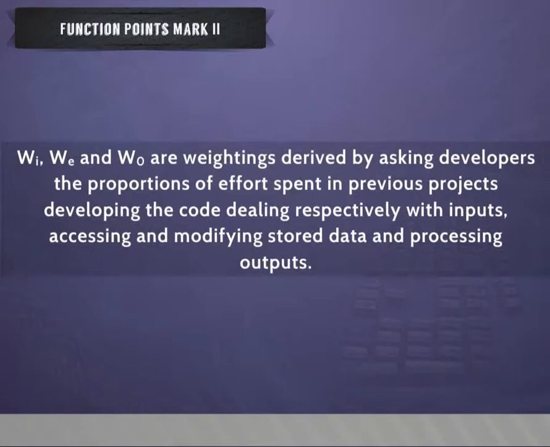WI, WE and WO are weightings derived by asking developers the proportions of effort spent in previous projects developing the code dealing respectively with inputs, accessing and modifying stored data, and processing outputs.